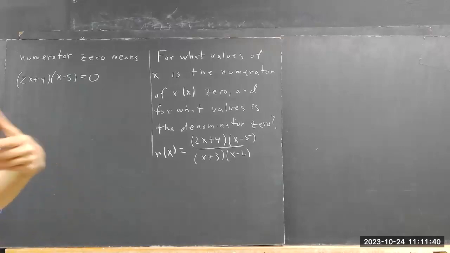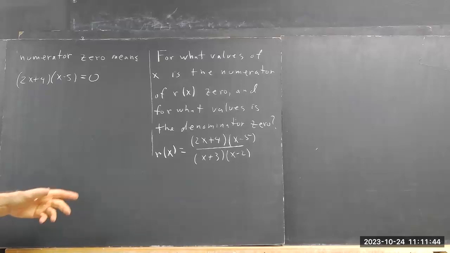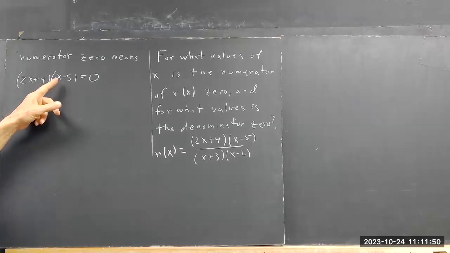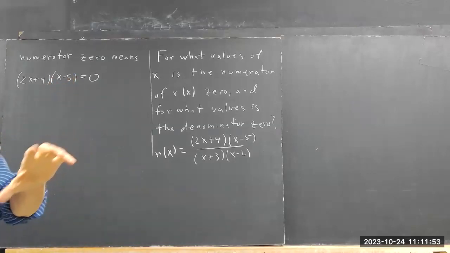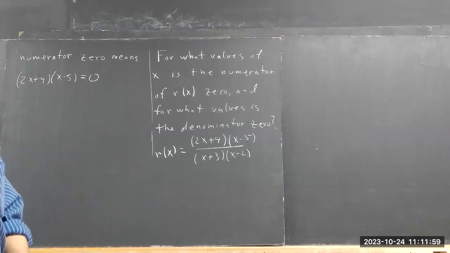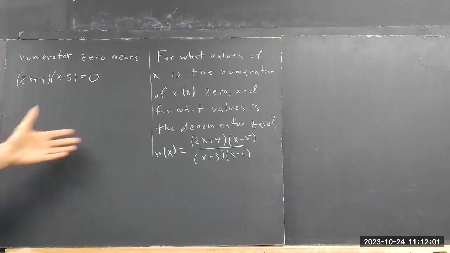You can solve it by inspection, pretty much. By inspection just means you look at it and say, okay, if x is 5, this is going to be 0. Right? That's obvious. And it should be obvious for everything we've done with polynomials. That's how you find the zeros. You put it in factored form and set each factor equal to 0. Okay? Well, it's the same thing with this.